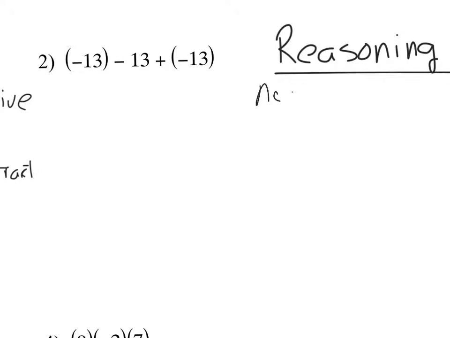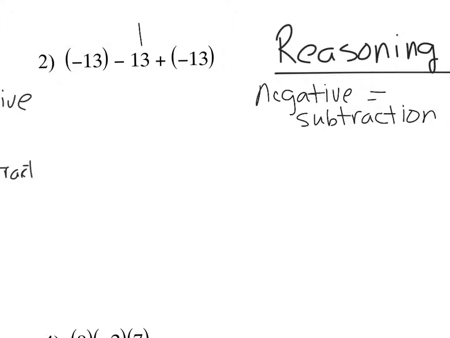So, again, I'm going to say a negative equals subtraction for my reasoning. So, guys, all you're doing is putting together 3 negative numbers. That minus 13 in the middle, that's just a negative 13. So you're doing 3 sets of negative 13. So 13 and 13 and 13, if you just add them together, gives you 39, I think, right?